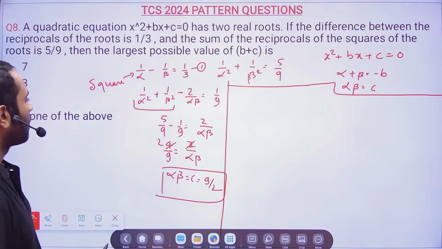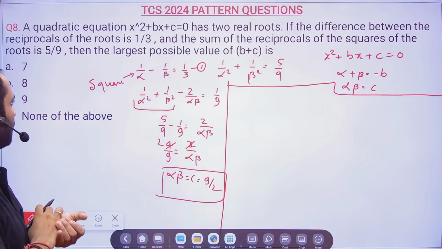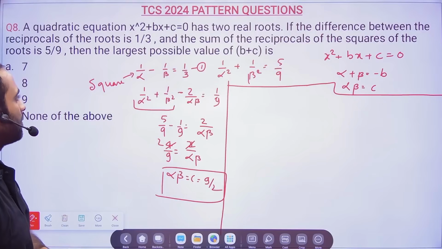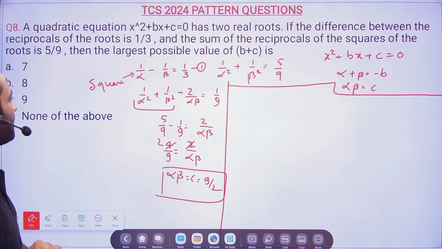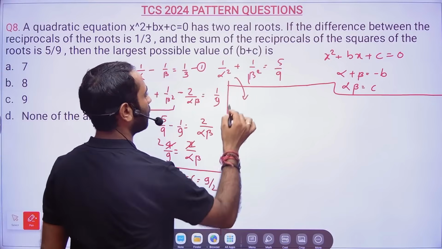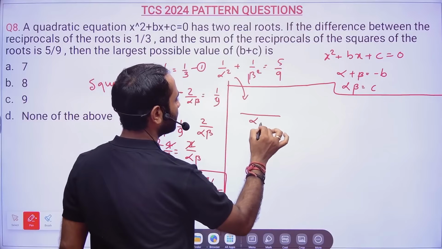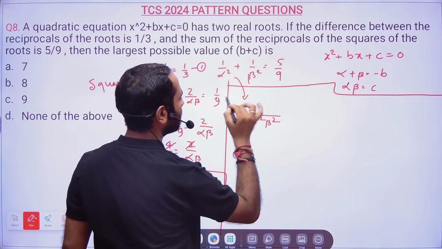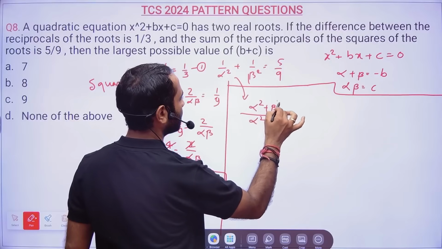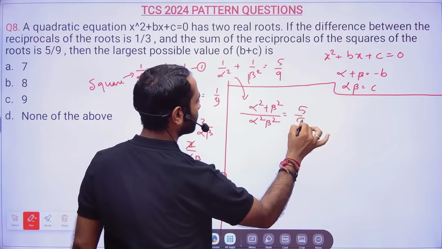Okay, now after this what we will do? They are telling us to find the possible values of b plus c. C we got, but how will we get b? Let us take this and try to solve. If we take the LCM, it will be alpha square plus beta square over alpha square beta square, which is equal to 5 by 9.